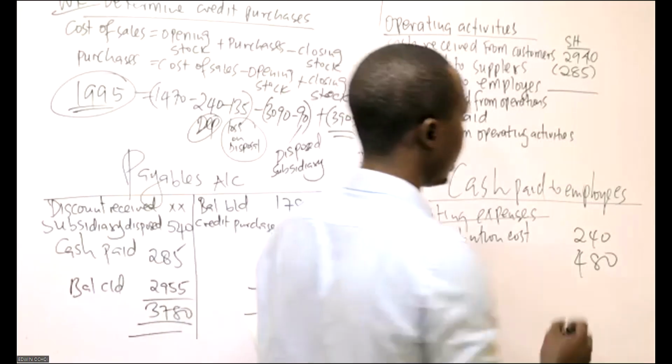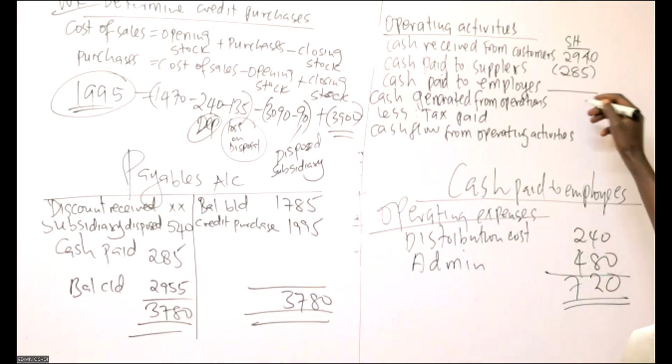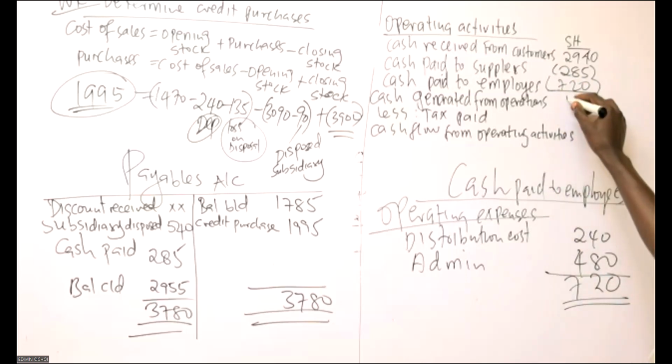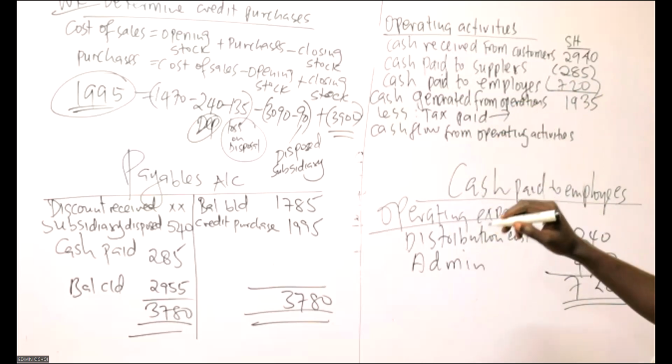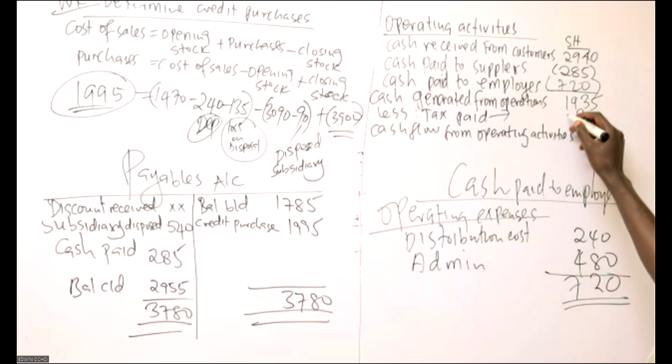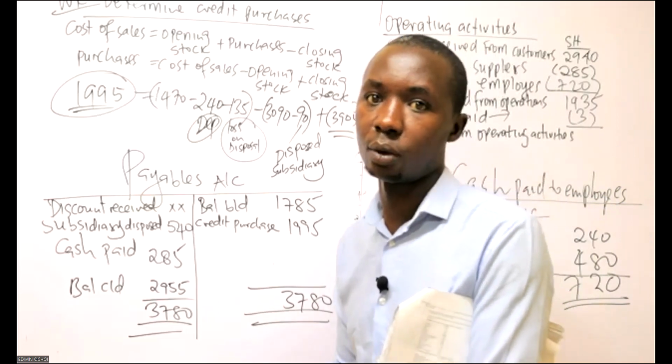So anyway, this total is 720. So 2940 minus 285 minus 720. We have 1935. See, our tax, we determined this initially. When we did the first method, the indirect, see, tax was 3.